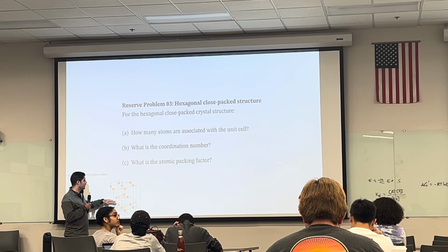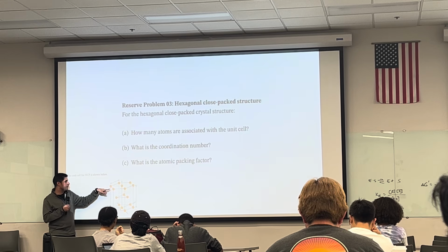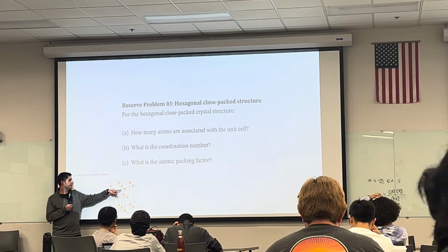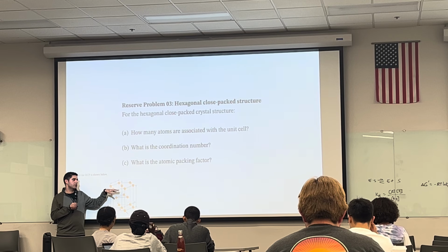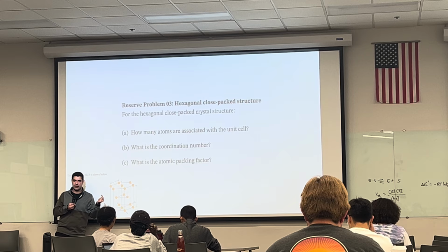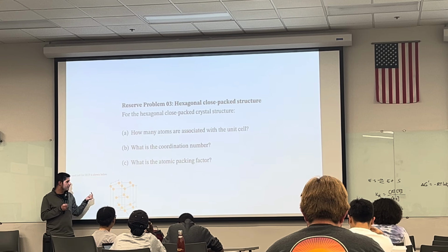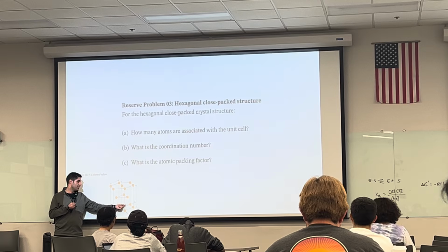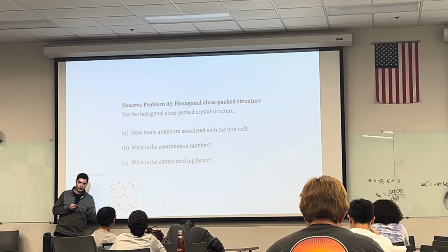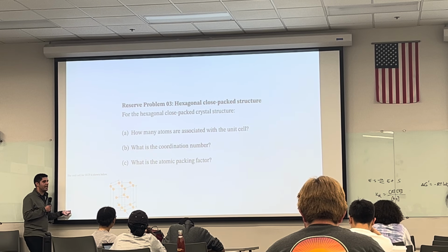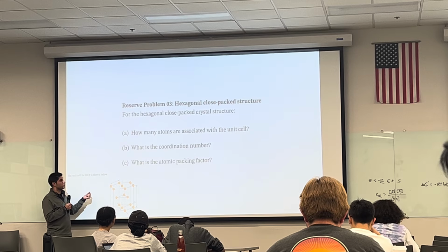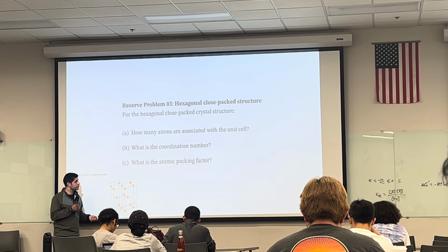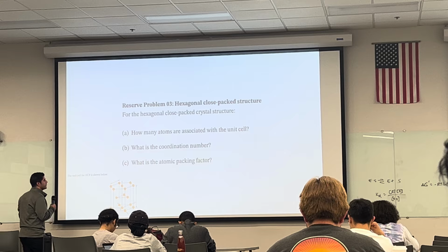So basically, in the top surface, if you consider these 6 corner atoms, all of them together make one complete atom. Same thing for the atoms at the bottom surface. So in total, we have 6 atoms associated with this unit cell. Right? So that was part A.